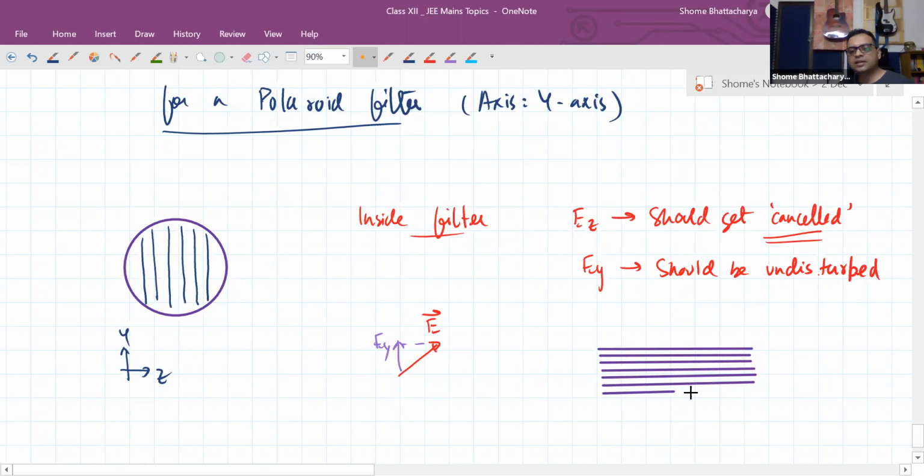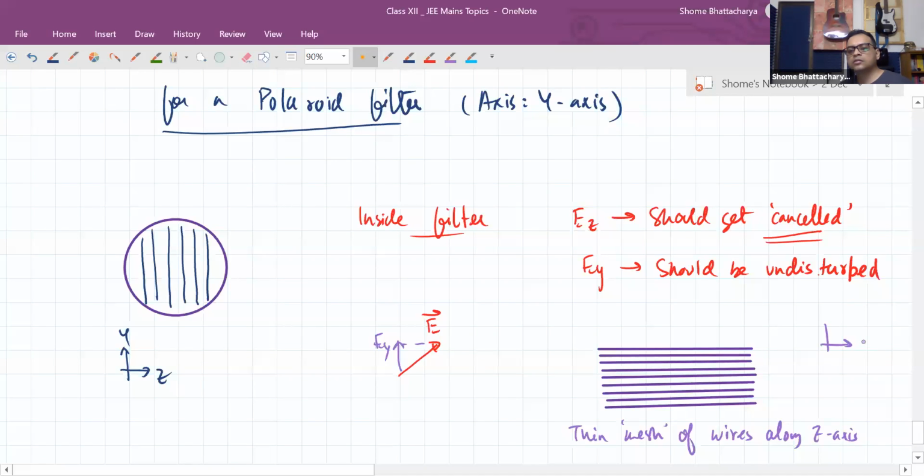So induction of charge can happen in which way? Only in layers which are parallel to the Y axis. Okay, so if I have, imagine, a thin mesh of wires along the Z axis.